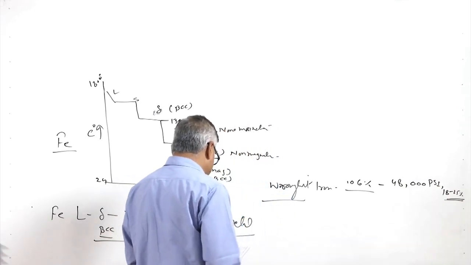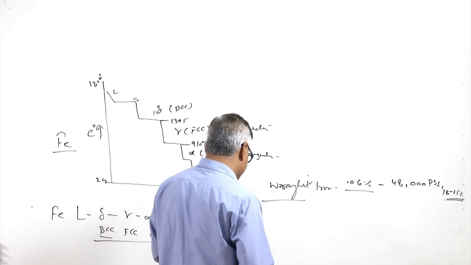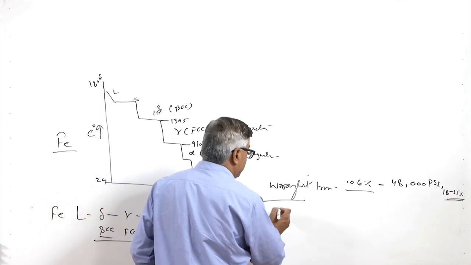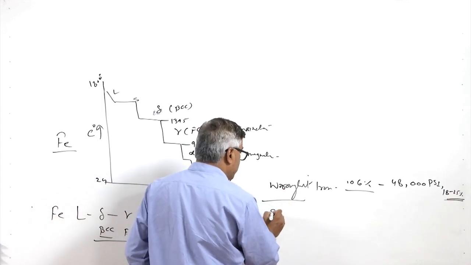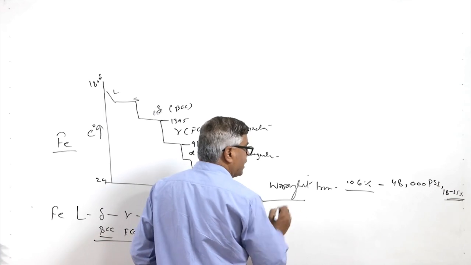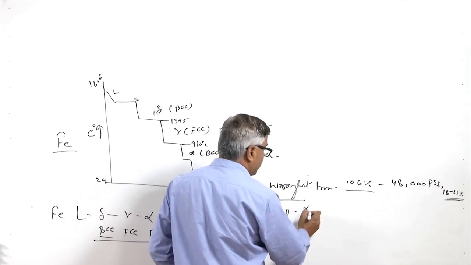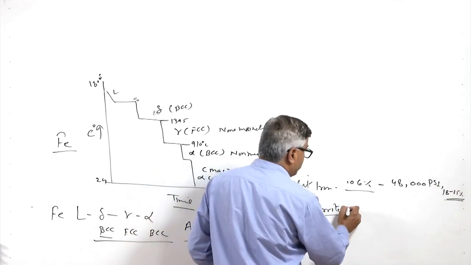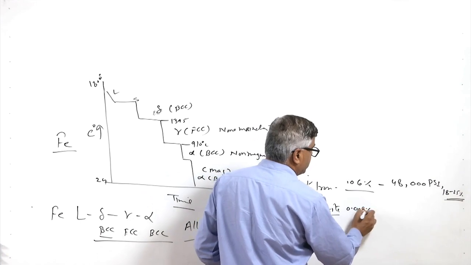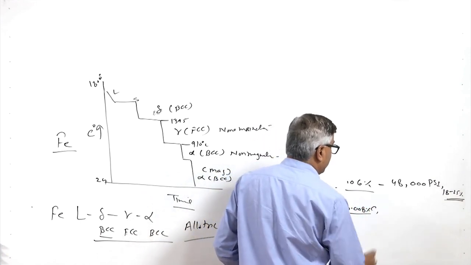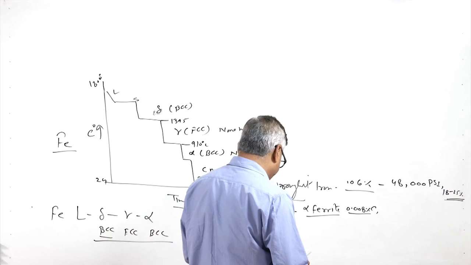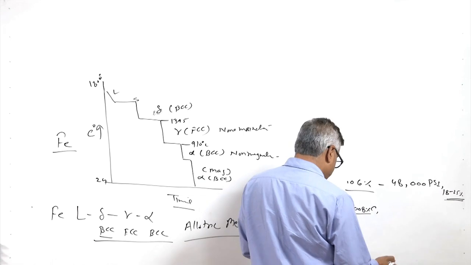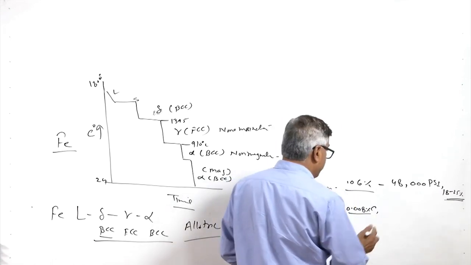Now if we see the various other phases which are present in iron, wrought iron is one, and then in steels we have a variety of phases. One is alpha, also termed as ferrite. At room temperature it can have a maximum of 0.08% carbon, but it offers very high ductility, about 40%.